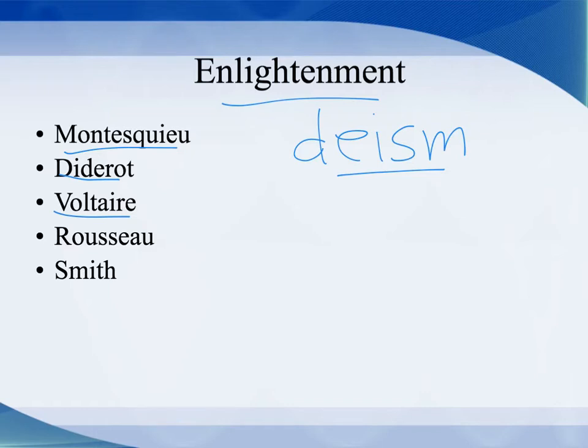In terms of political thought, the philosophers in general weren't really committed to democracy. Voltaire advocated for a benevolent, enlightened despot like Frederick II of Prussia, Catherine II of Russia, or Joseph II of Austria.